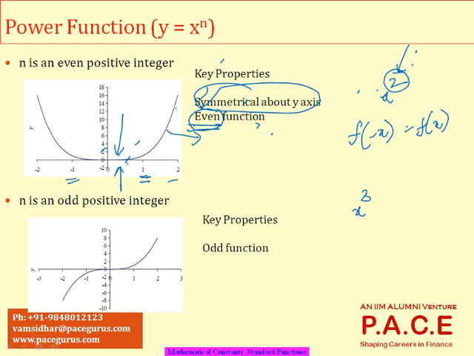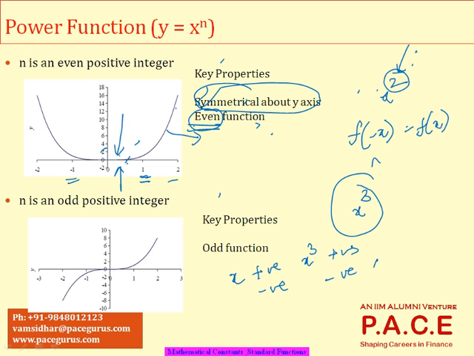But if n is odd, like x cube, x power 5, what we will typically see is it is nowhere symmetrical about the y-axis, because all positive as well as negative values are possible. Simply put, if x is positive, x cube is also positive, and if x is negative, x cube is also negative.